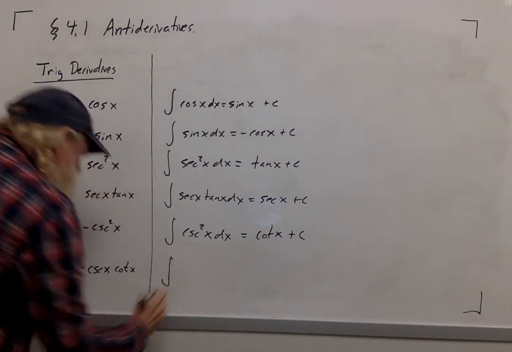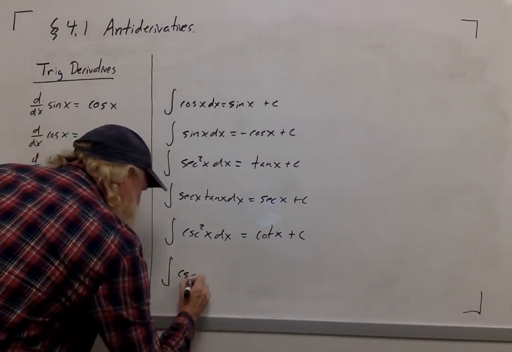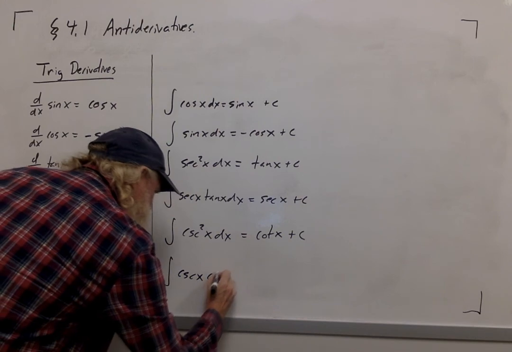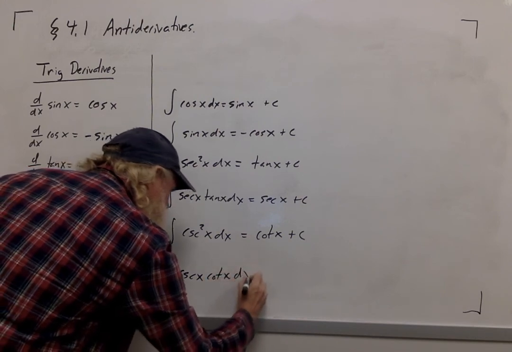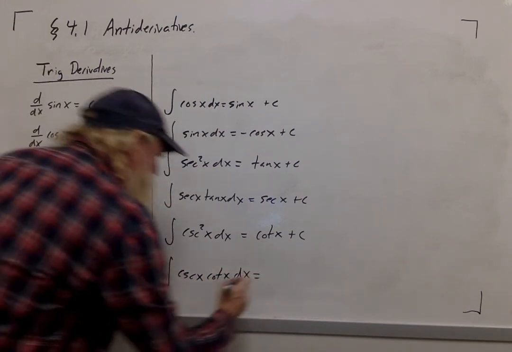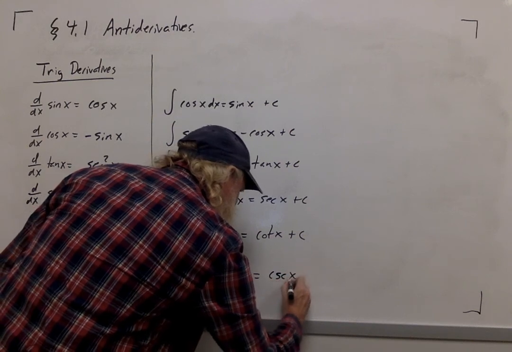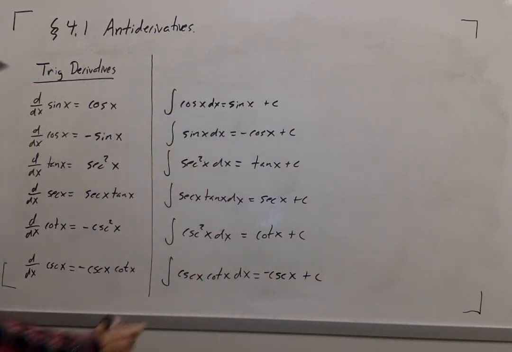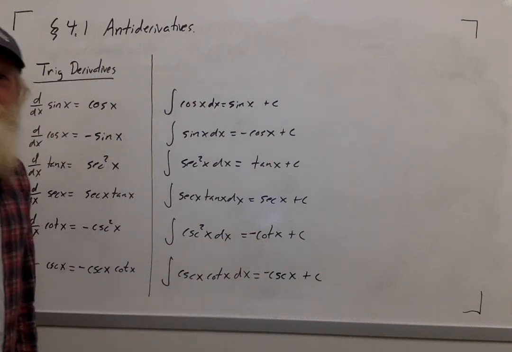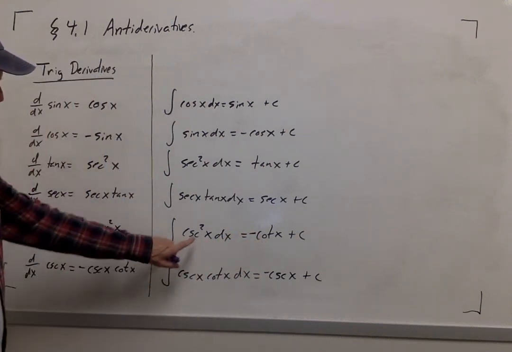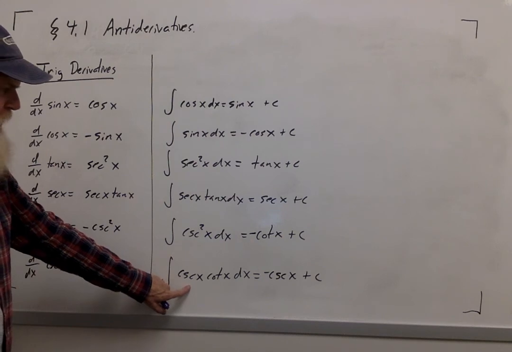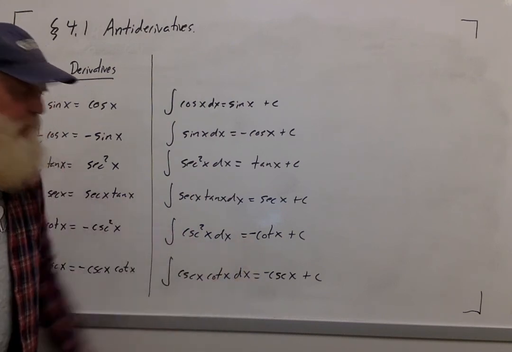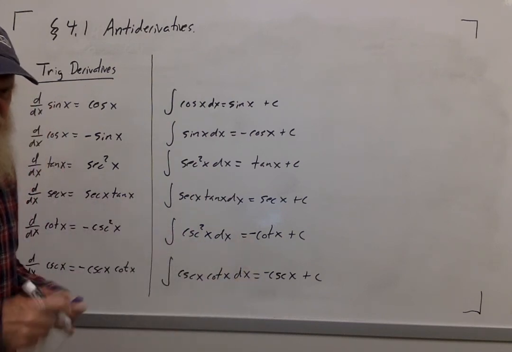And finally, the antiderivative of cosecant x cotangent x is equal to negative cosecant x plus c. Oops, I lost my negative on those. So for the antiderivatives of cosecant squared and cosecant x times cotangent x, both of those have negatives in the antiderivatives.